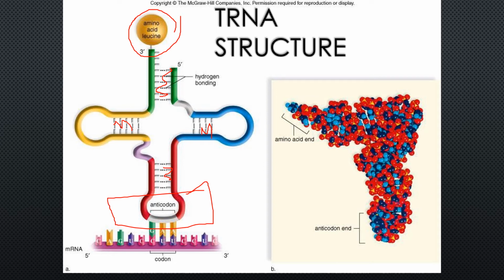We've talked about codons in our mRNA that are a series of 3 nucleic acids, and so the anticodon is also a series of 3, but they are complementary to our codon.